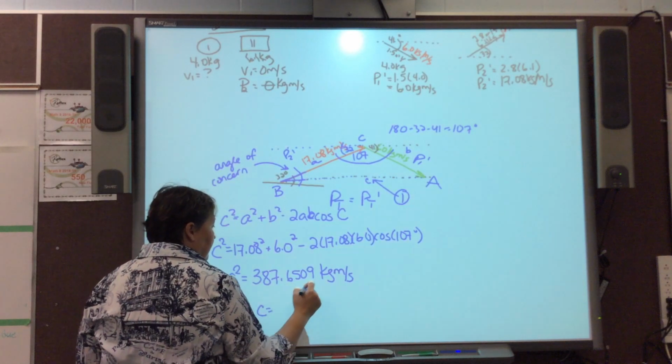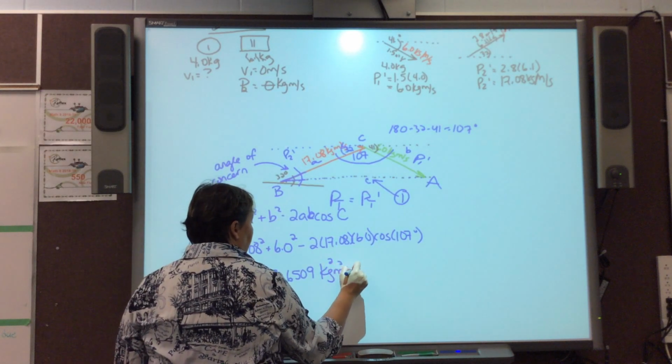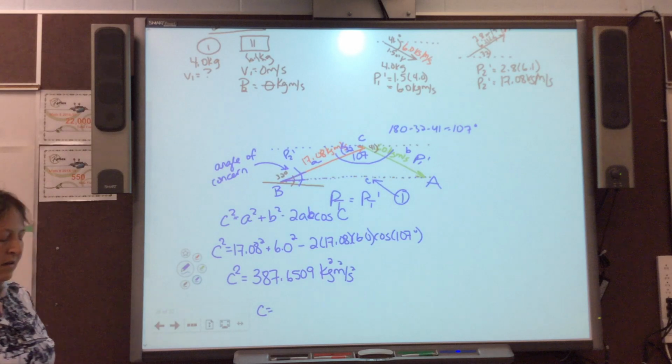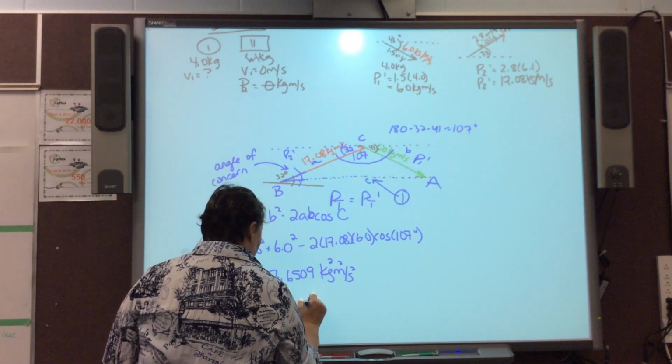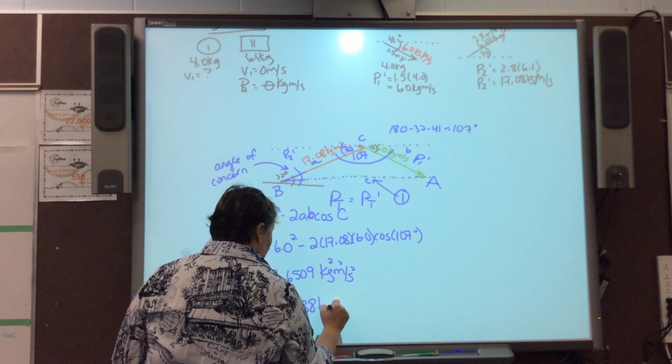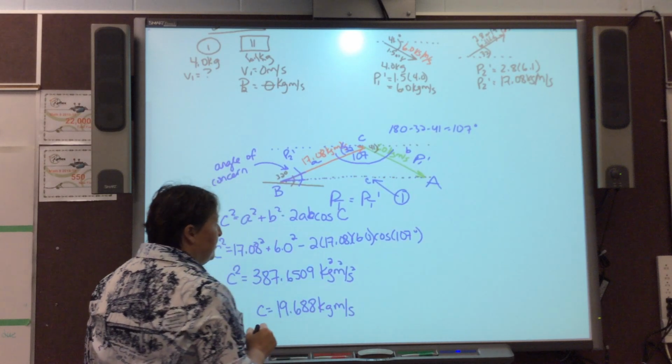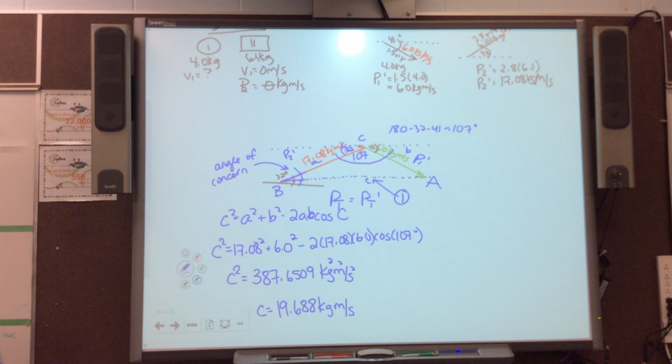So C is equal to the square root of that, 19.68. So that's our side length C. That's our P total prime.